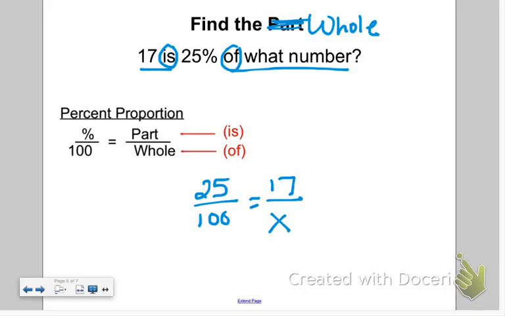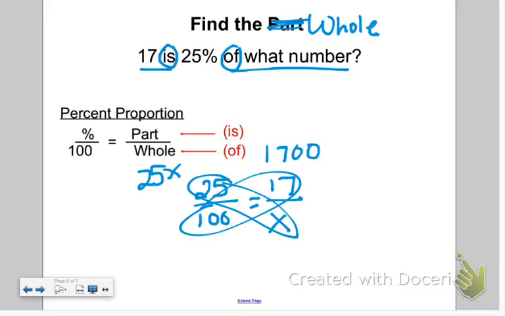So I'm going to have to solve my proportion. Now that I have it all set up, I have 25 times x over here. I have 100 times 17 over here. So that means when I set up my equation, 25 times x equals 1,700.